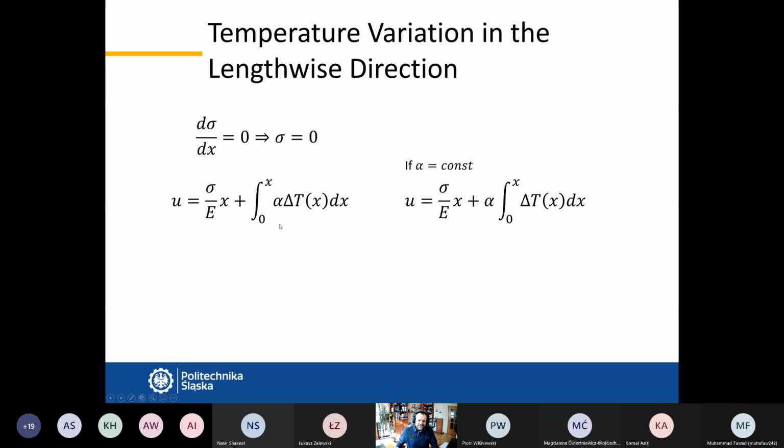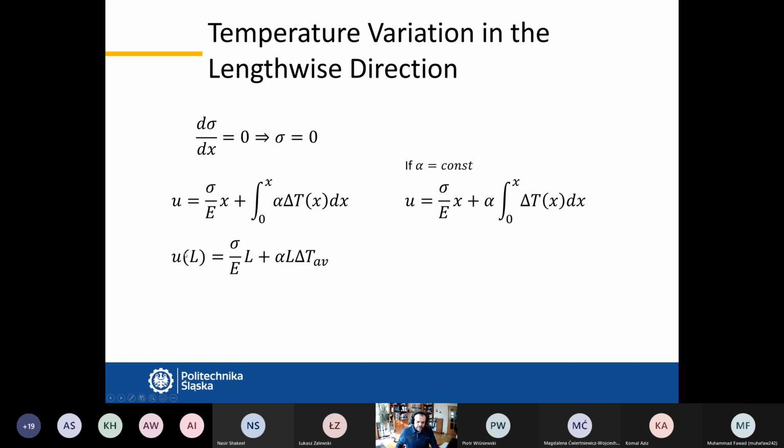If the alpha is a function of temperature, unfortunately, we have to integrate it as a product of two different functions. In such a case, we cannot take alpha out of the integral. So at the end, the total elongation of the member with variation in temperature along the bar.